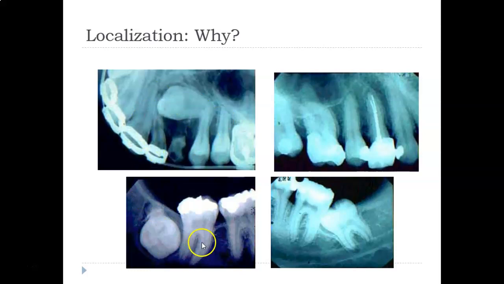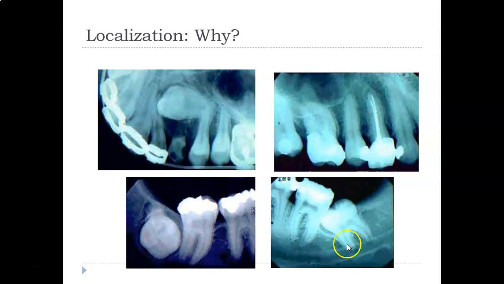If we look at this radiograph down here, we're looking at an impacted third molar. If you just look at it, it kind of looks like the crown of the tooth is looking at you, so you might think, oh, it's buccal. But we don't actually know that. We could be looking at the lingual surface, and the roots could actually be pointing lingually. So we don't know that.